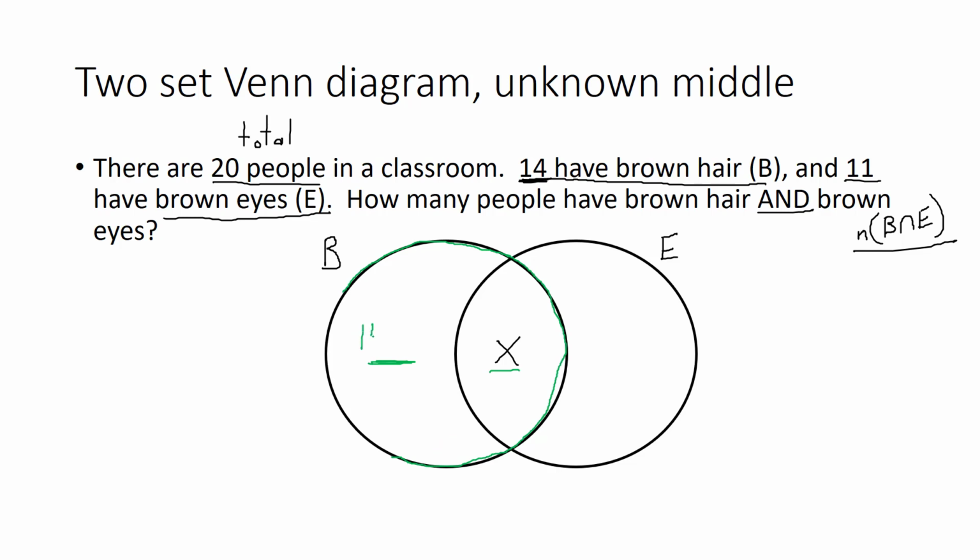So we can't just say there's 14 people here, because that would mean there's nobody in here. What we have to do is recognize that this plus this gives us 14. Another way of looking at that is 14 minus whatever's in this sector is what is in this sector here. This is how many people have only brown hair.